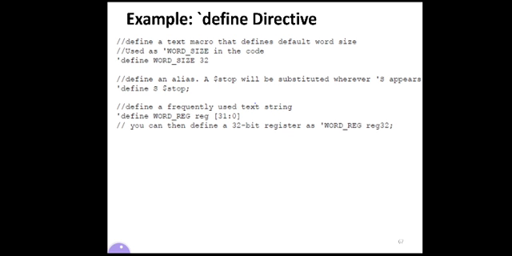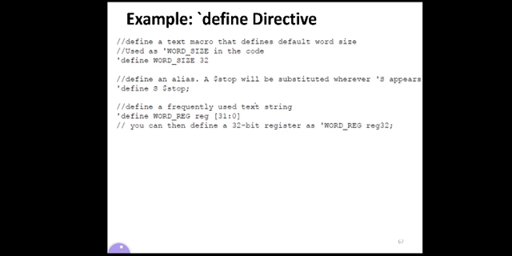If you are not using `define, then what happens? Every instance in the program has to be replaced with that particular value. Suppose you are using that 32 ten times in your program, then all ten times you have to change that value from 32 to any other number if you are not using `define.